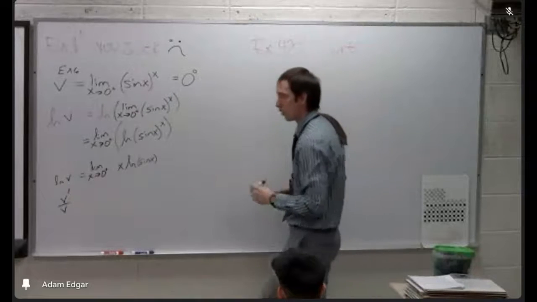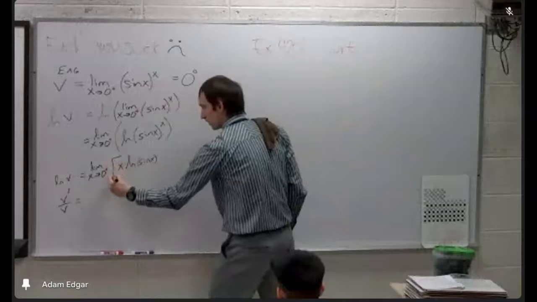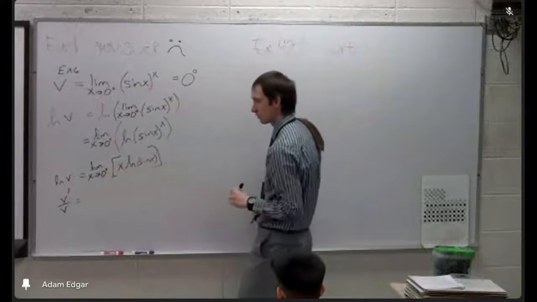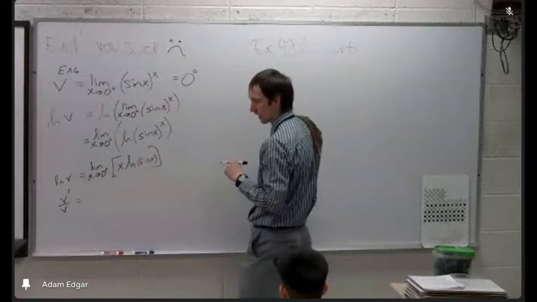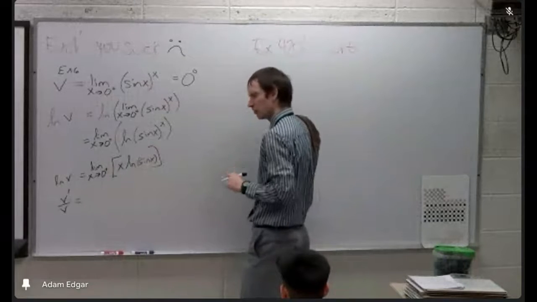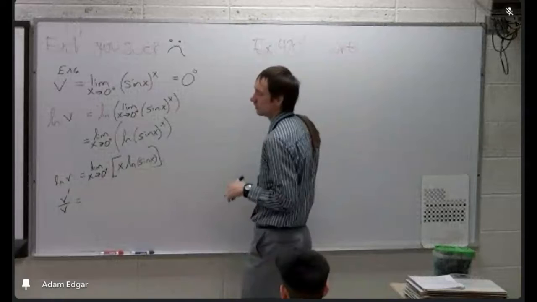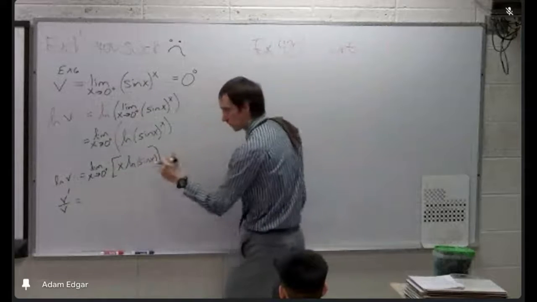And over here, we do the derivative of this stuff inside the limit. And that's going to be ugly, because that's chain rule and product rule, no quotient rule, because sine is inside a natural log.